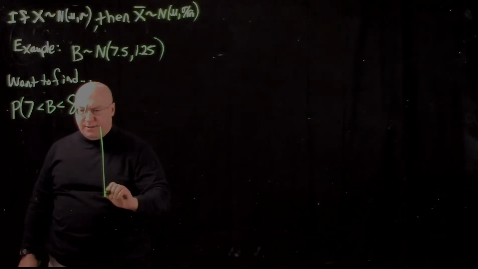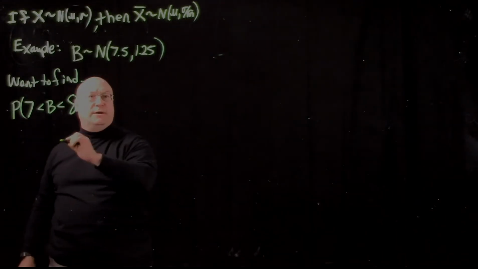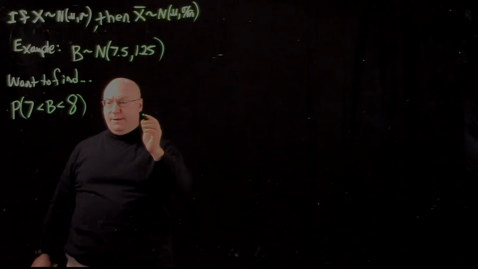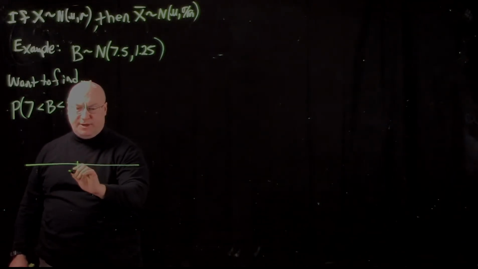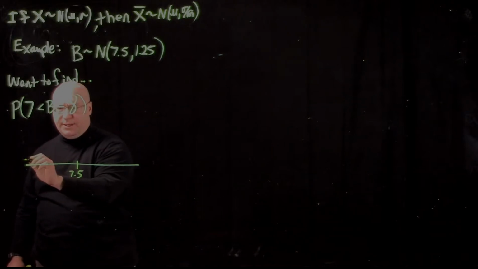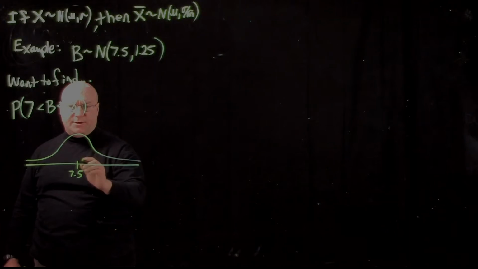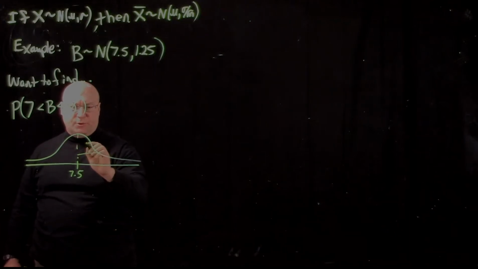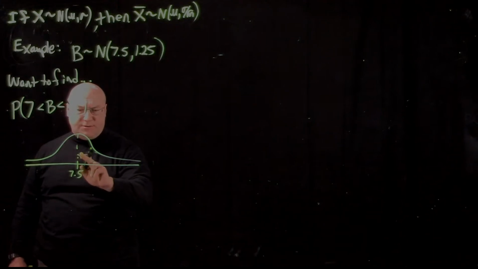So here's 7.5 pounds, and here's my curve, and there's 1.25. I don't think I'm going to write all that in because I'm going to clutter things up a little too much.